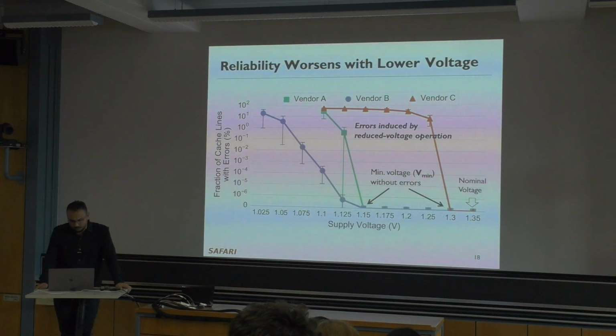This plot, I believe, comes from a room temperature measurement, but we changed the temperature, for example to 70, 80 Celsius, and we see similar trends. It doesn't change that much when you look at the actual values, but you see slight changes. Error rates increase at these voltage levels a little bit more, but the general trend is the same. And again, you have this Vmin voltage at which you have reliable operation even at high temperatures.